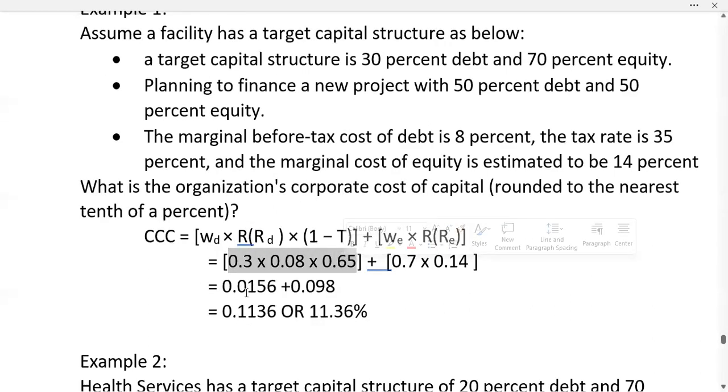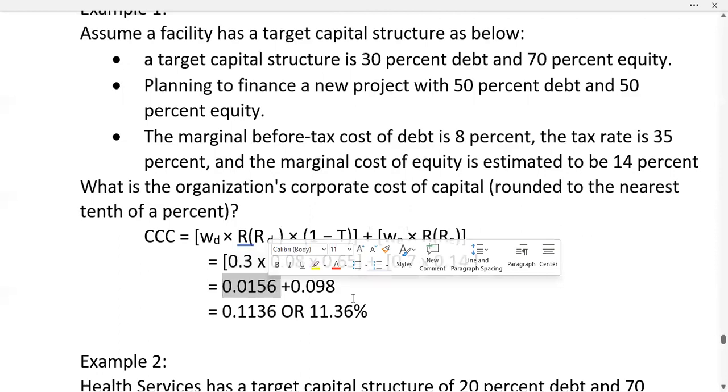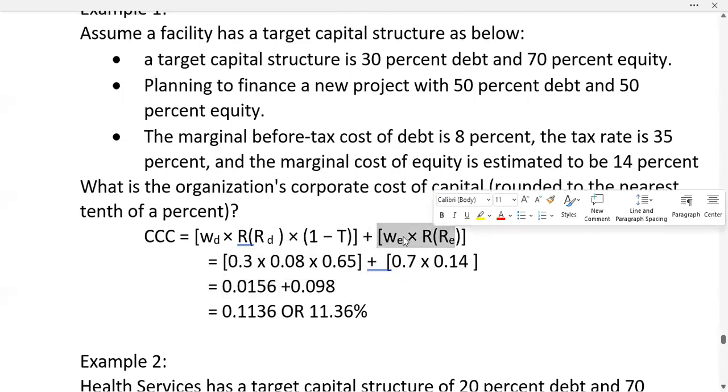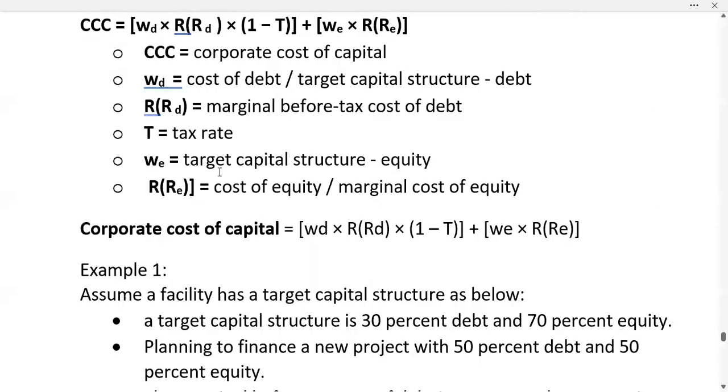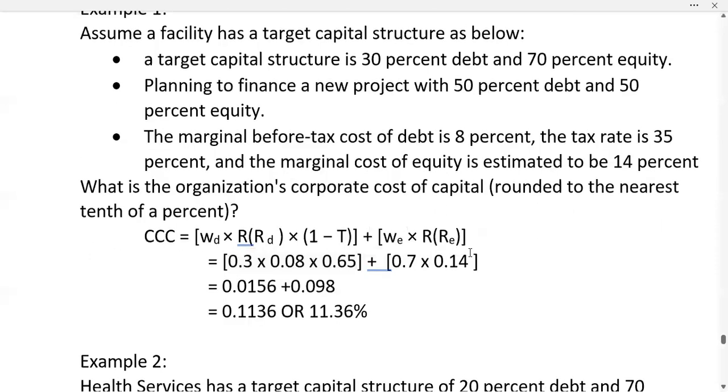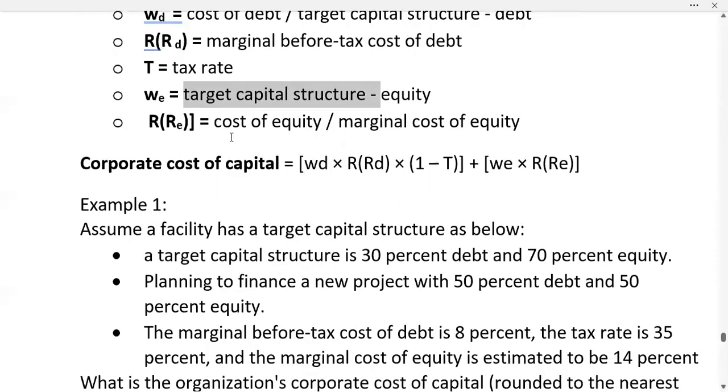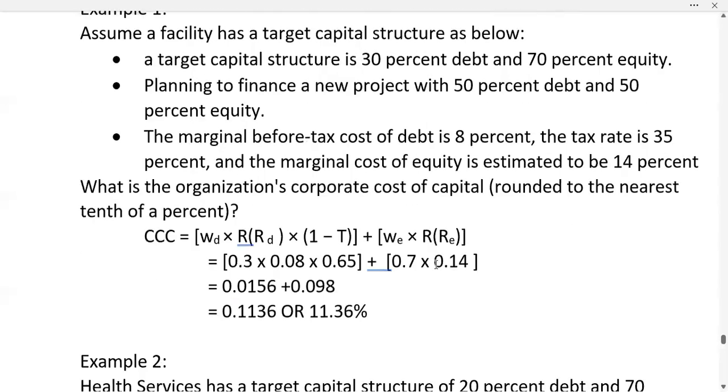Calculating this, you get 0.0156. On the other side, we look at the cost of equity, where we multiply the WE, the target capital structure equity, times your cost of equity, or RE, which is 0.14, and you get 0.098. Adding these, you get the answer of 0.1136, or 11.36%.